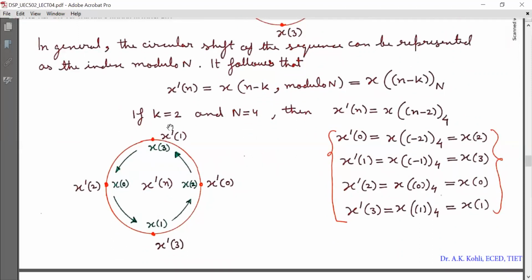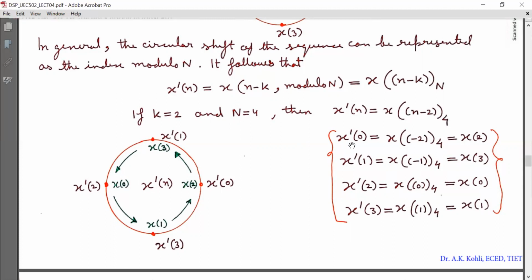If k is equal to 2 and N is equal to 4, we take this example, then x'[n] is equal to x[(n minus 2)] with subscript 4, and this 4 indicates modulo 4 operation.